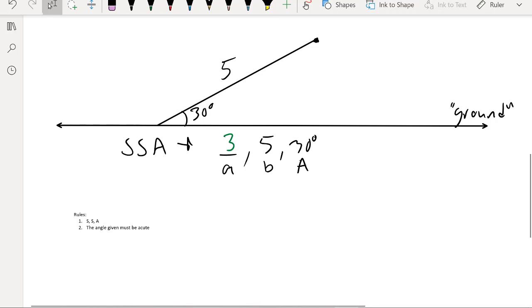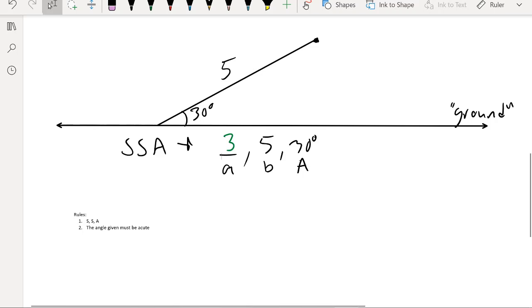We need to figure out if we have 0, 1, or 2 triangles, because it's possible right now that we have 0, 1, or 2. Okay, so how do we know? There's 3 different options there, right? That seems like a lot. And there's some formulas that they give you, but here's what you do.